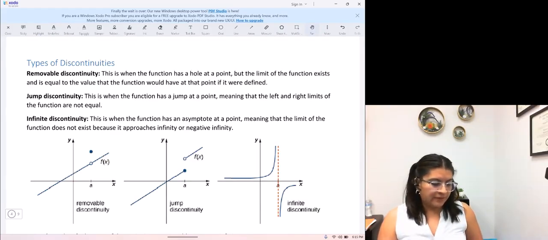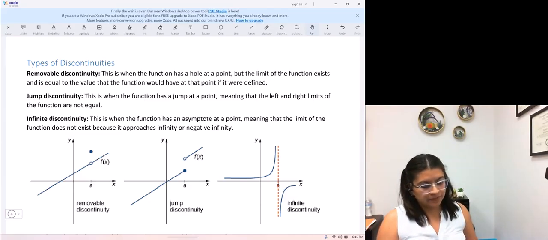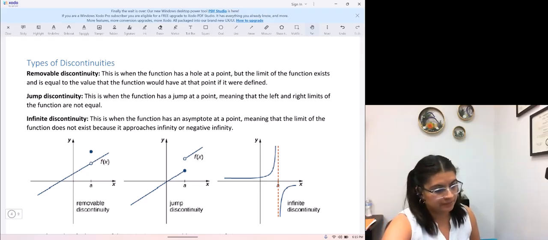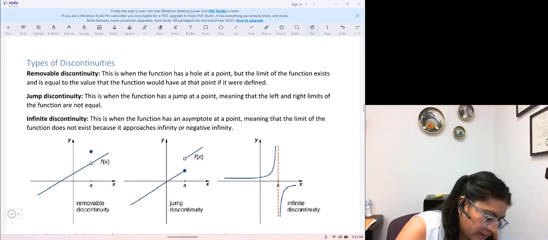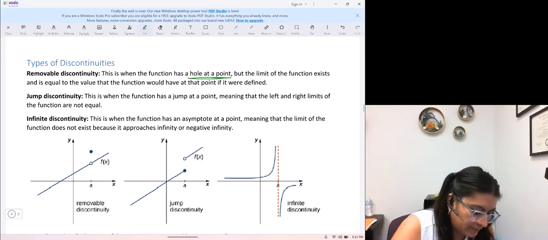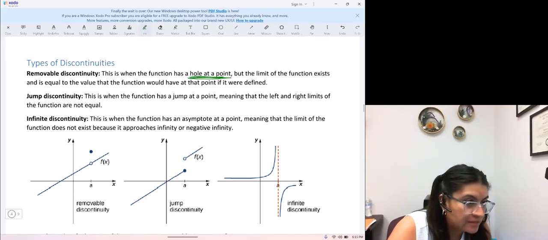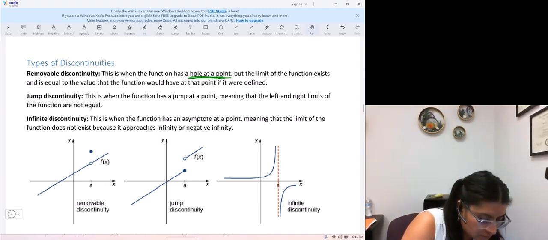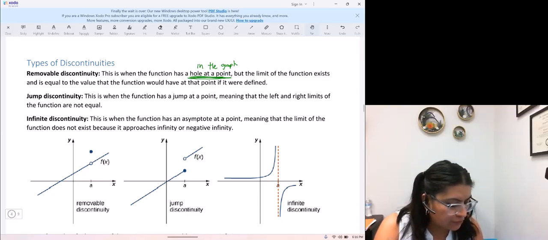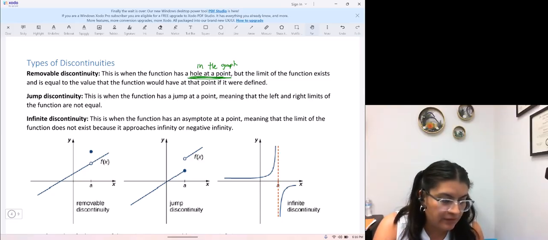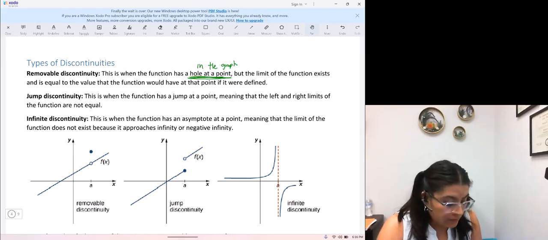The three types of discontinuity that we have are removable discontinuity, jump discontinuity, and infinite discontinuity. Removable discontinuity, it says, is when the function has a hole at a point. So the graph itself has a hole, but the limit of the function exists and is equal to the value that the function would have at that point if it were defined.